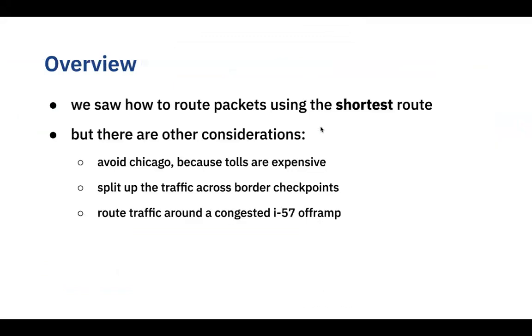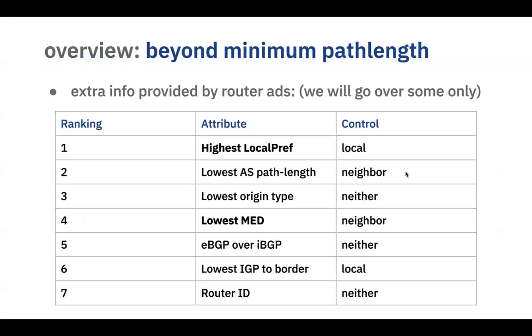Right. So, a brief overview. We saw how we route packets using the shortest route, whether it be Dijkstra or distance vector, but there are also other considerations when routing, such as cost or traffic. So, BGP actually allows us to advertise other attributes in our routes, such as local preference or MED.